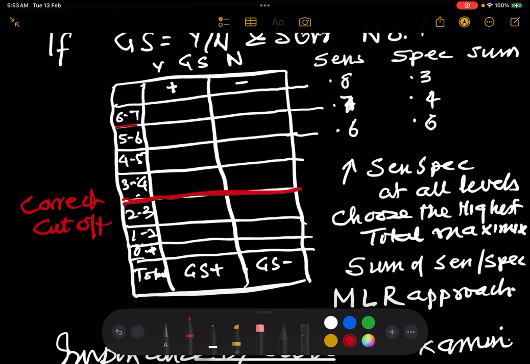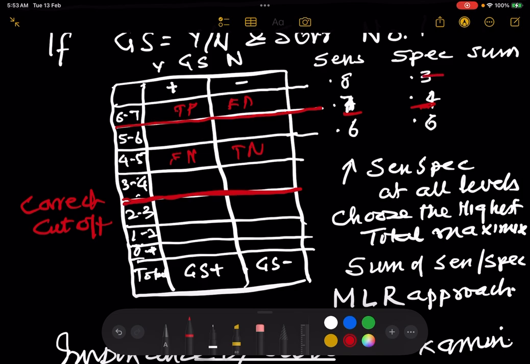Here you first draw a line between this and this and calculate. So this table will become true positive, false positive, and all these will become false negative, and all these will become true negatives. And you can calculate sensitivity and specificity at each of these cutoffs one by one.